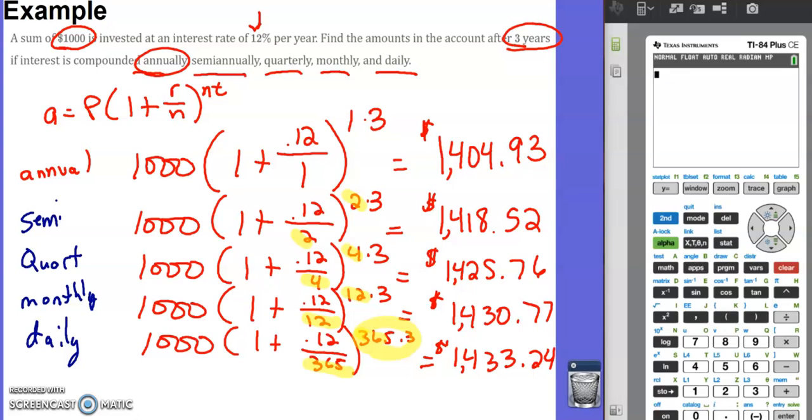So you might want to use the caret and then parentheses, or calculate this first and then put that up as the exponent when you type the whole thing in. So just be careful, make sure you know how to do it. And the other thing I want to point out to you, notice I did round to 2 decimal places because referring to money, we want to round to the nearest penny. All right, so that's an example of compound interest.